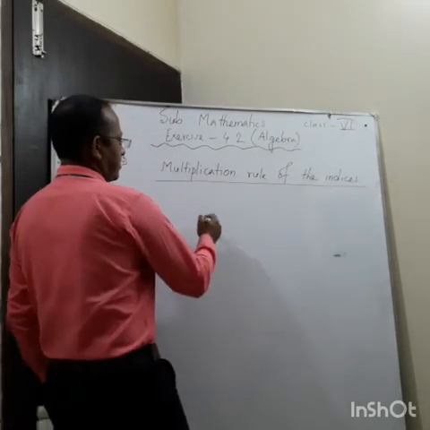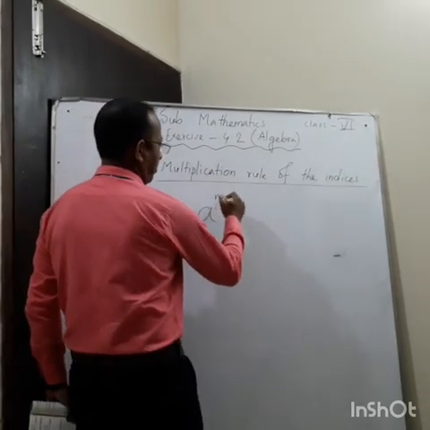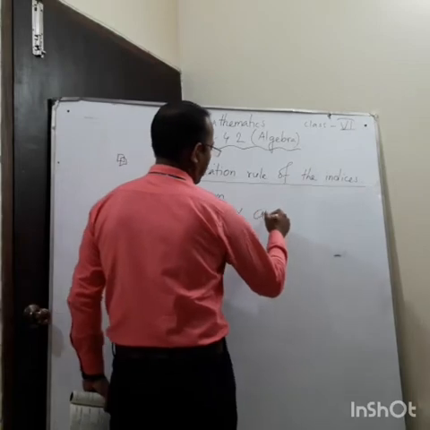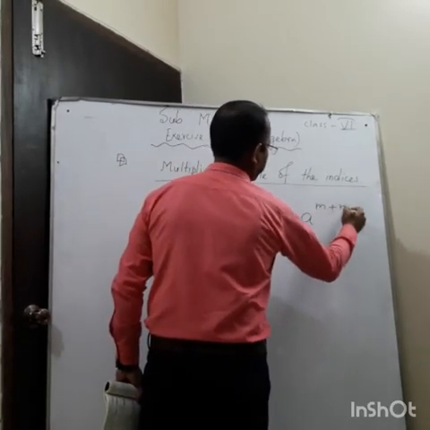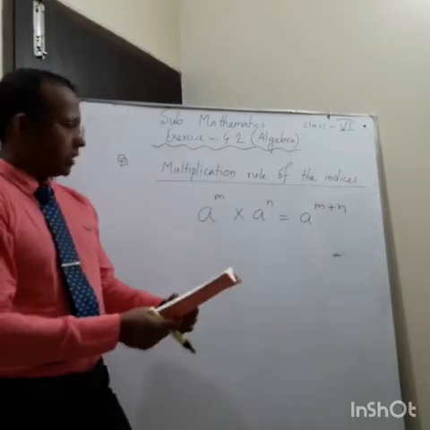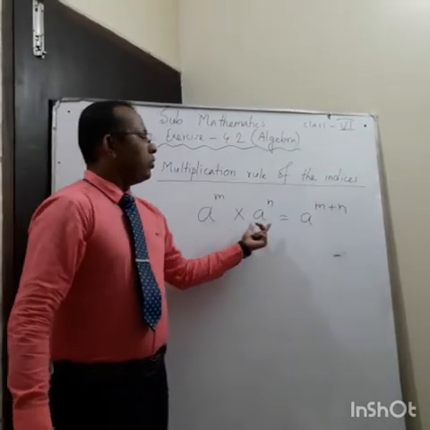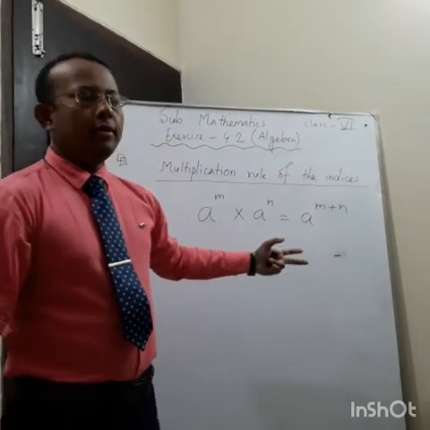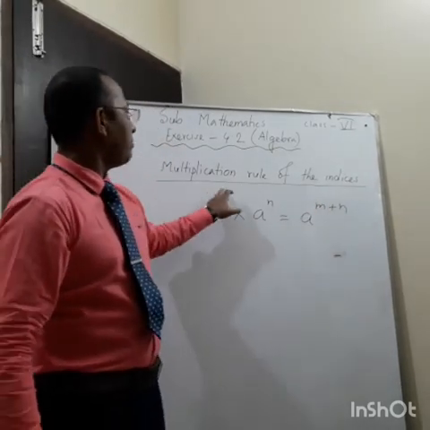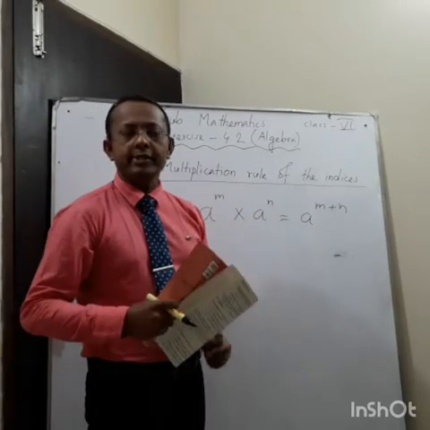This is a to the power m into a to the power n equals a to the power m plus n. A to the power m into a to the power n equals a to the power m plus n. This is called the multiplication rule of the indices.